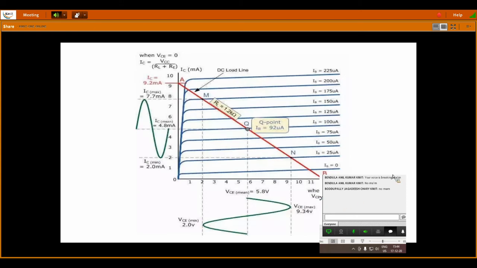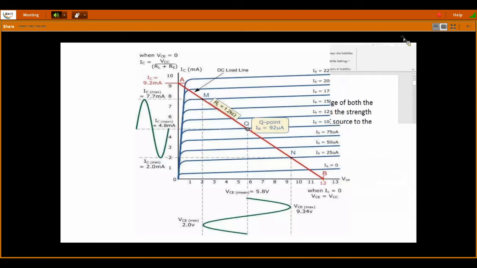Now, this is the importance of these characteristics. You are already familiar with them. They resemble the output characteristics of the common emitter configuration. In a common emitter configuration, on the x-axis we have taken the output voltage and on the vertical axis the output current.